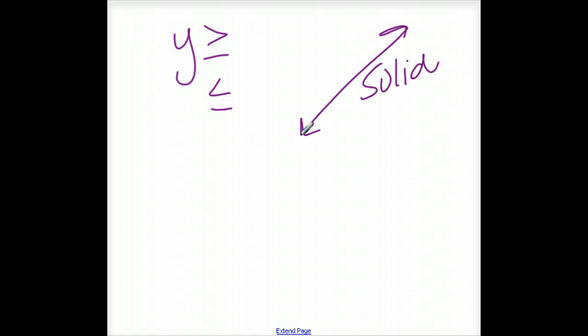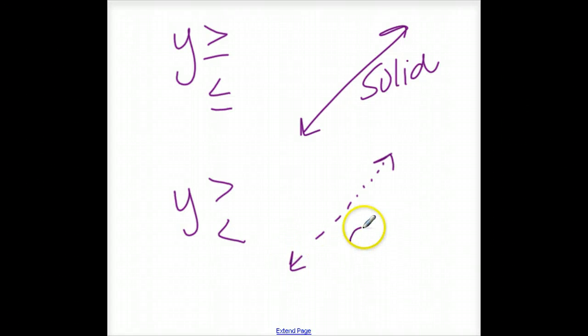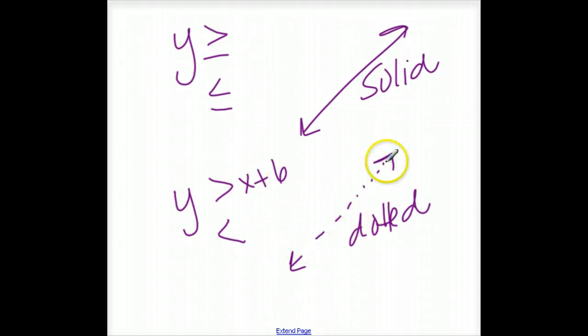When you have an inequality and it has a greater than or less than symbol, so no equal to, you are going to make a dotted line for your graph. This is going to be hard to remember, but it's really important. We do this because if our answer was y is greater than x plus 6, the xy coordinates on this line aren't solutions because there's no equal to. So that's why we do a dotted line.